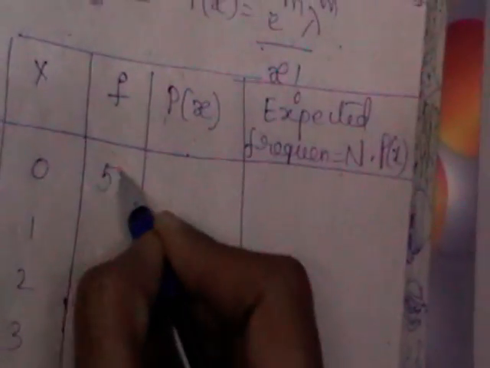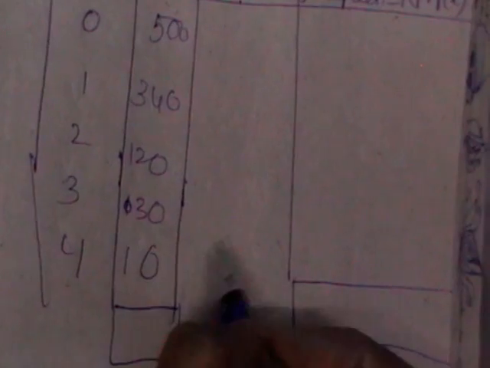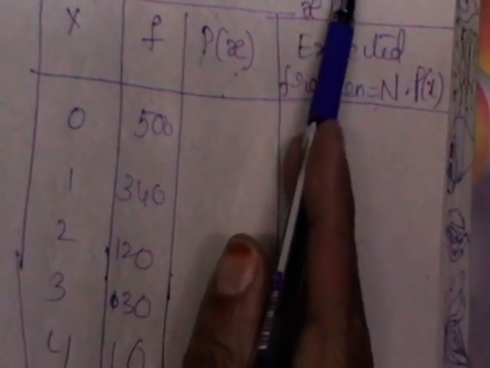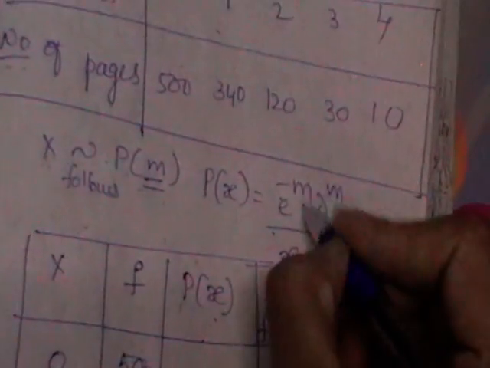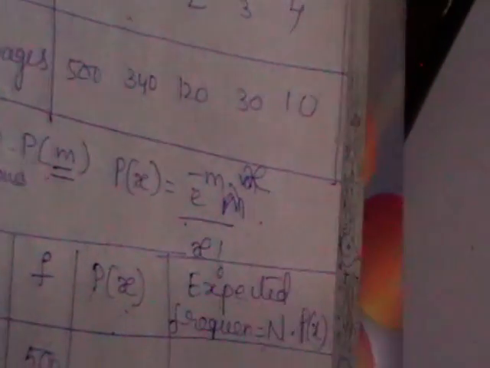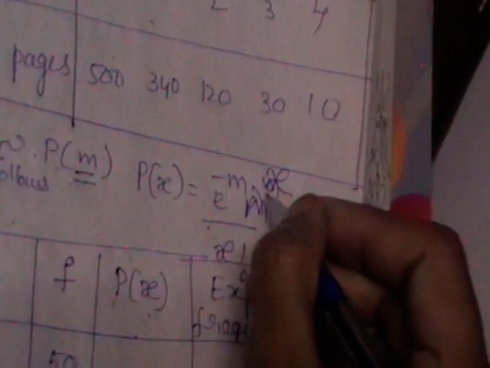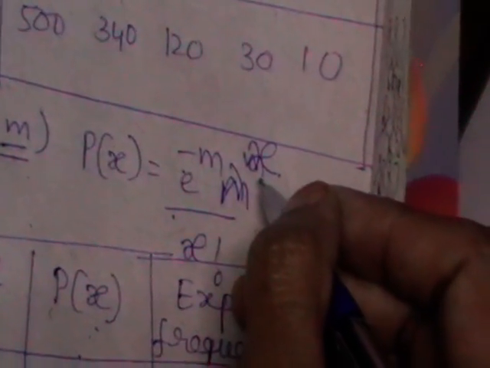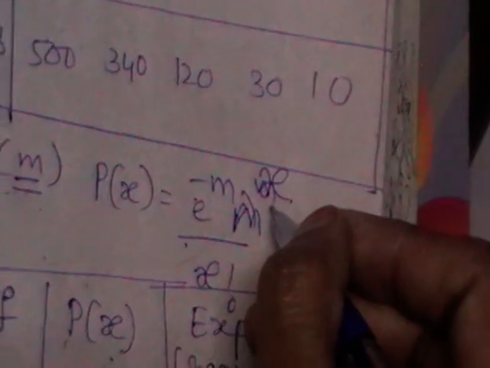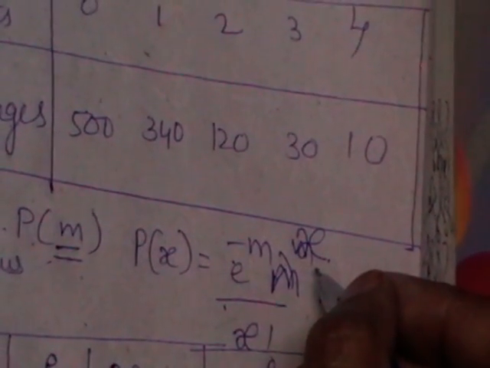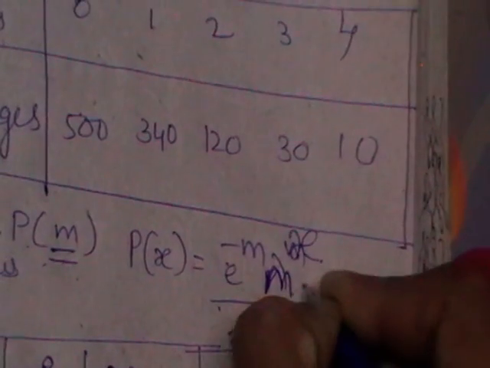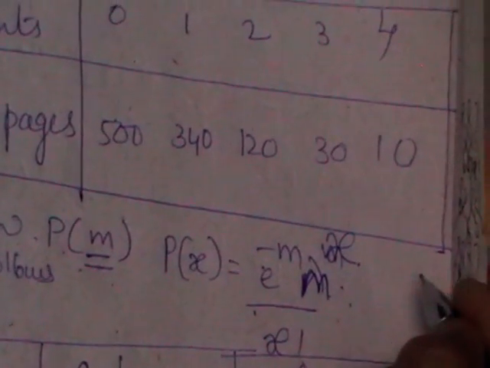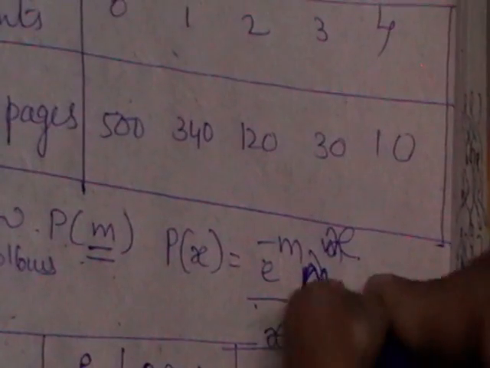The given first column is 0, 1, 2, 3, 4. To calculate p of x, the formula for Poisson distribution is e power minus m, m power x by x factorial.